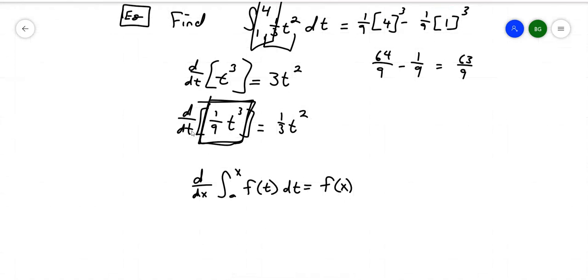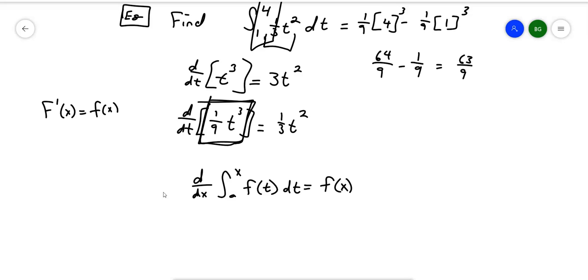And now what I want to think about with regards to the second fundamental theorem is, let's introduce some notation, in that capital F is going to represent the antiderivative of that right there. Wait, I don't want to say that. I wrote that backwards. I want capital F prime of x. There we go. Capital F is the function that whenever you take the derivative, you get little f of x.